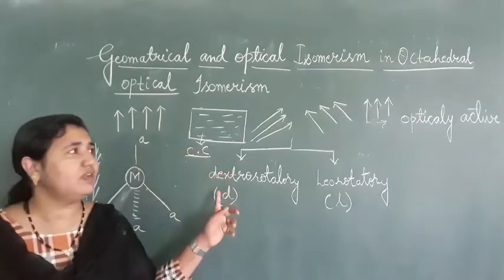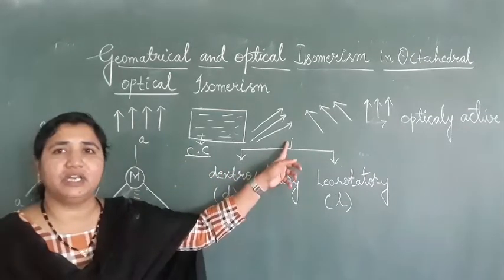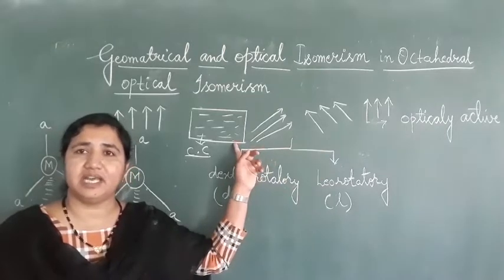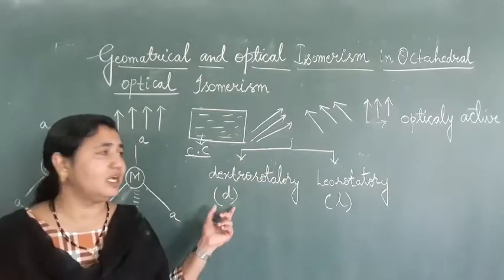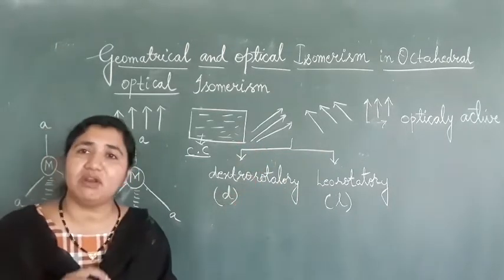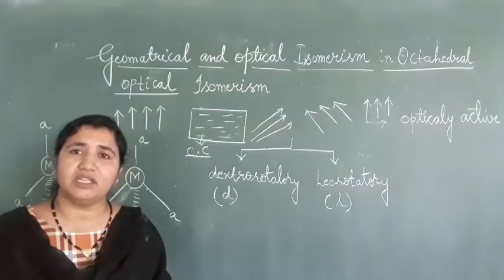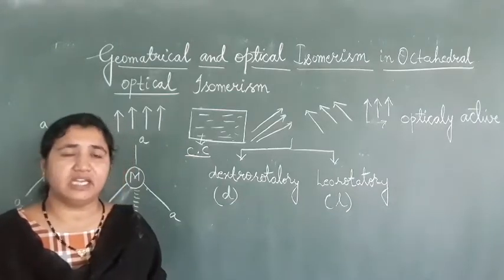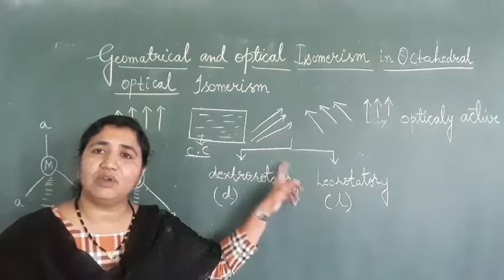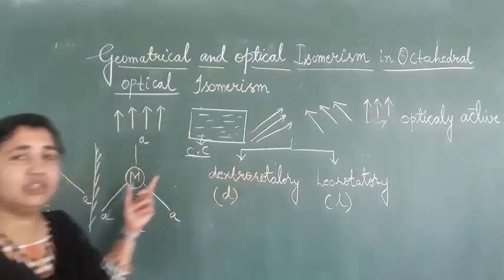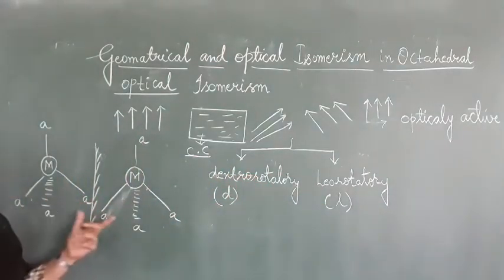One will rotate to the right side, one will rotate to the left side. So these optical isomers are a pair of molecules which rotate the plane of polarized light either to the right side or to the left side, and they are mirror images of each other.